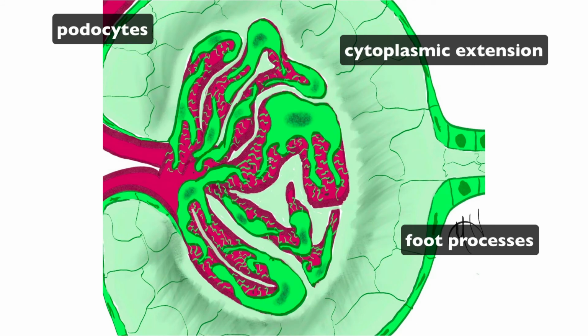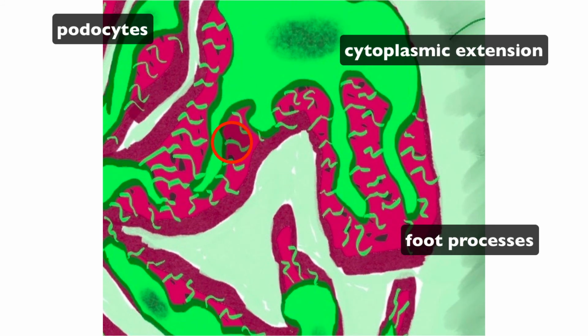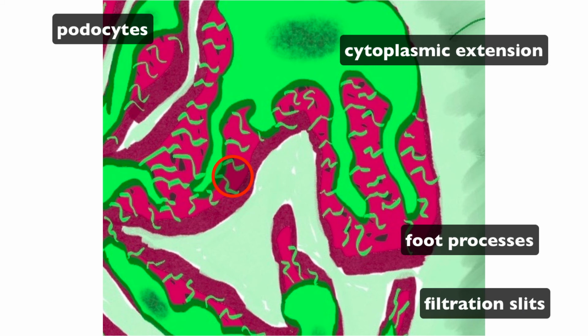And coming off these cytoplasmic extensions, we can see what are known as foot processes. So if we take a closer look at this, these are all foot processes right here. And between the foot processes are what are known as filtration slits. And those are another gap or space that substances need to squeeze through to make it into the capsular space, to make it into the filtrate.